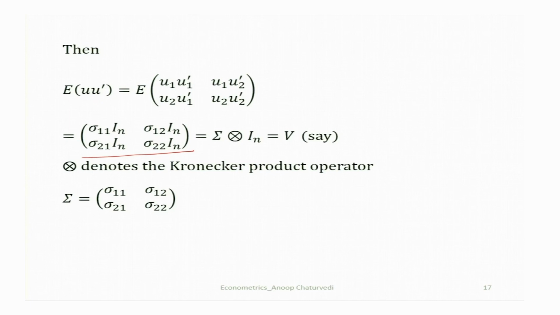Now, in terms of the canonical product, suppose you denote this matrix sigma 11, sigma 12, sigma 21, sigma 22 by capital Sigma. Then the variance covariance matrix of u is Sigma canonical product I n, and we write it equal to, say, V.